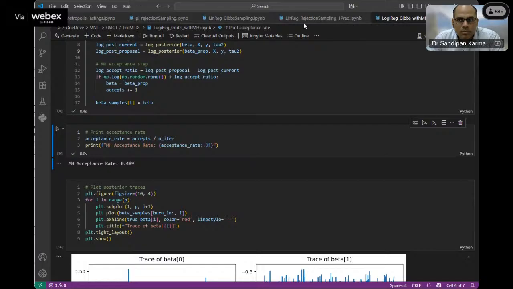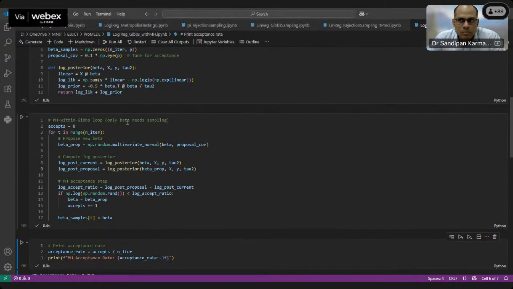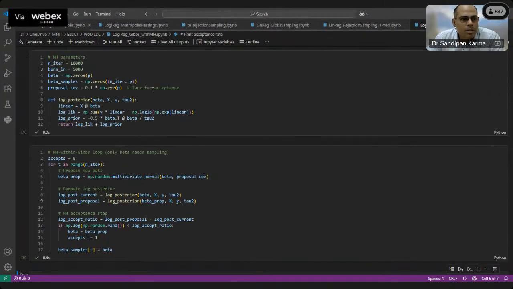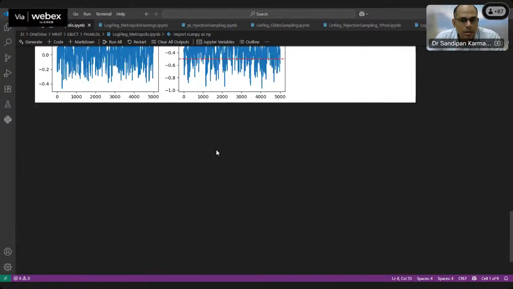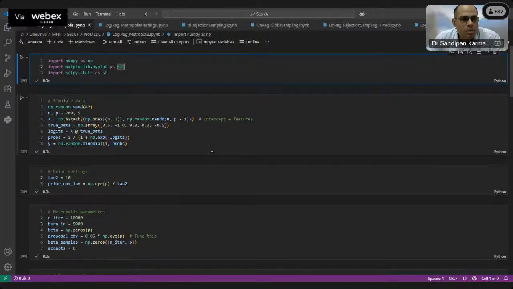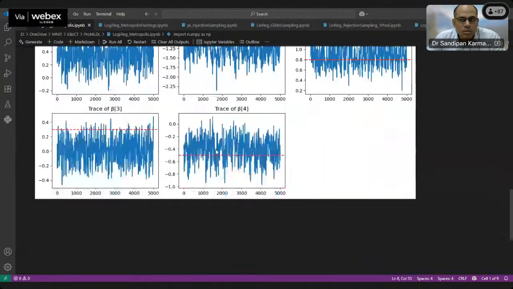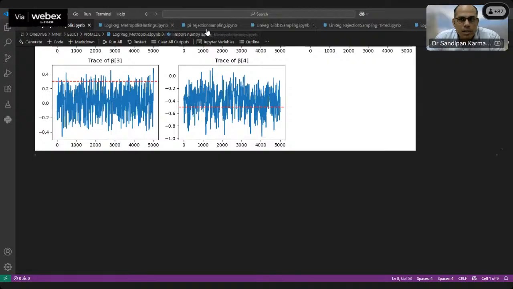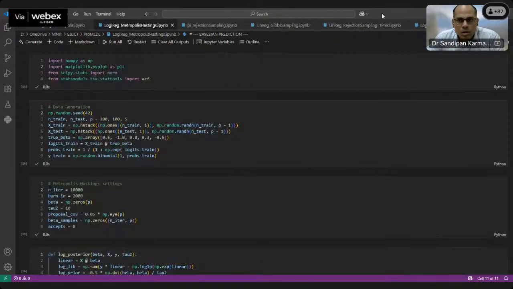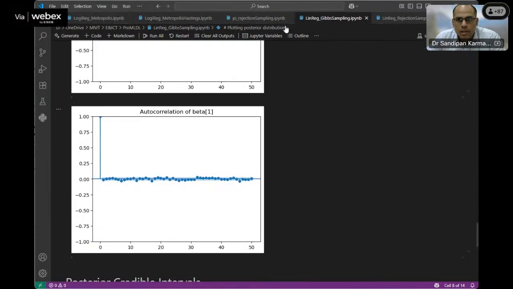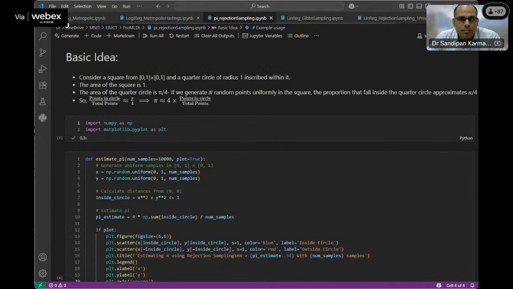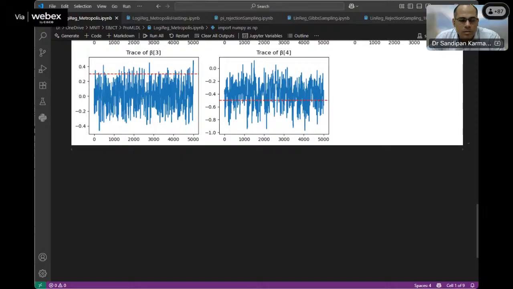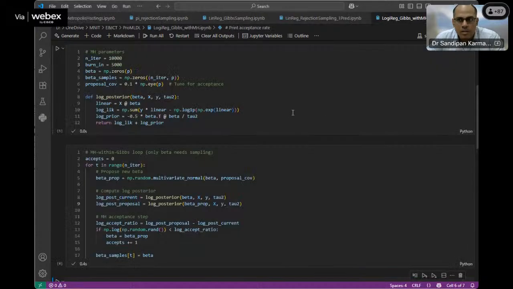Are you telling there are two codes? Okay. That might be just some modification I have done. Logireg underscore Metropolis. No, there is only one code. I don't know, I was doing some experimentation, whatever it may be. So there might be two codes.